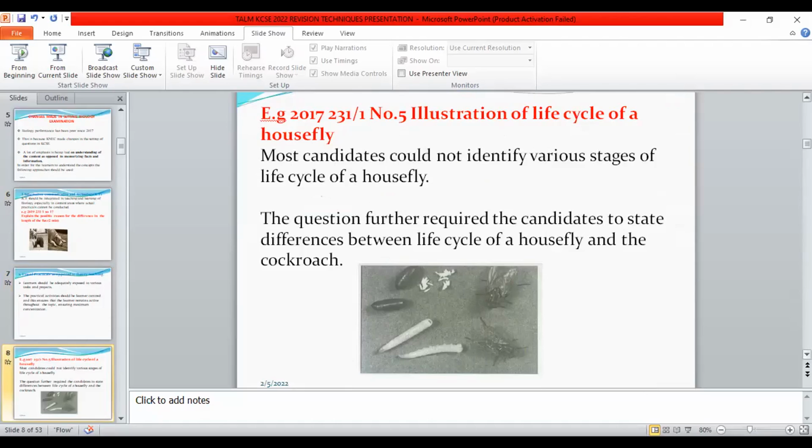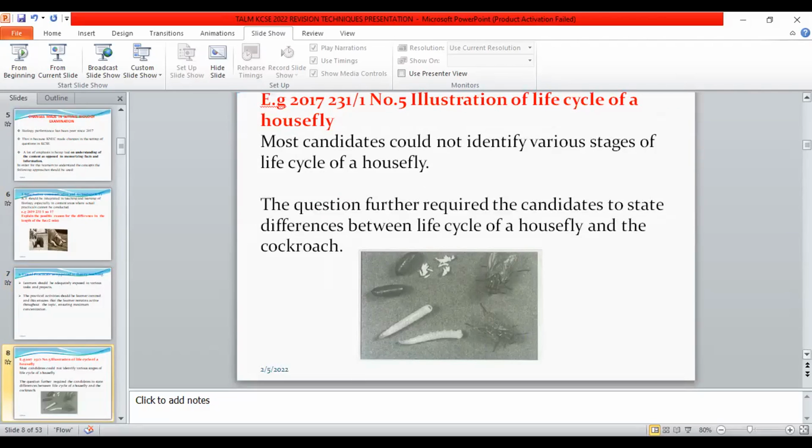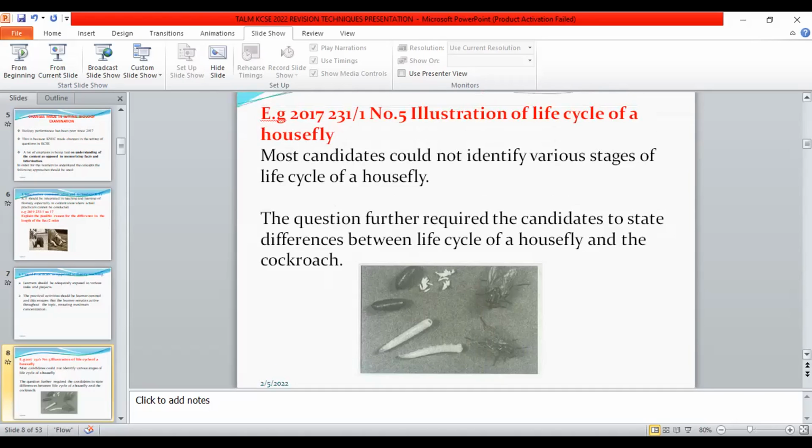or incomplete metamorphosis. So in 2017, when that question was set, number 5, Biology Paper 1, we find that most of the candidates could not identify the various stages of the life cycle of a housefly.